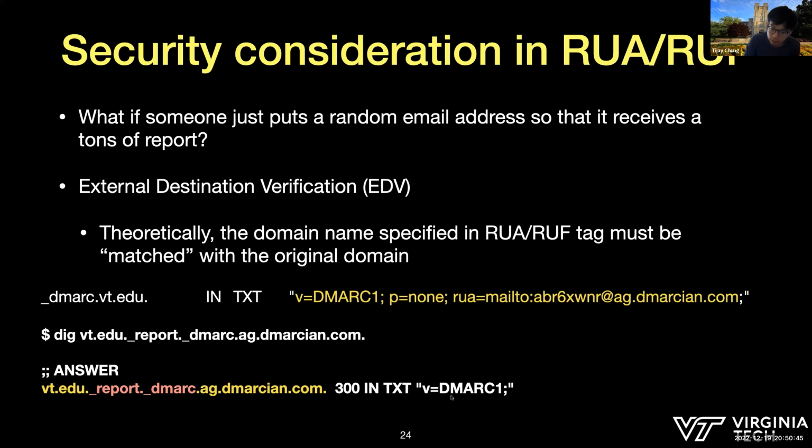If it can find the TXT record, it is a signal that, hey, I am Marxian, and I am also willing to receive the report on behalf of Virginia Tech.edu. Okay, so as you can tell, this is a two-way verification methodology. So it is called external destination verification.